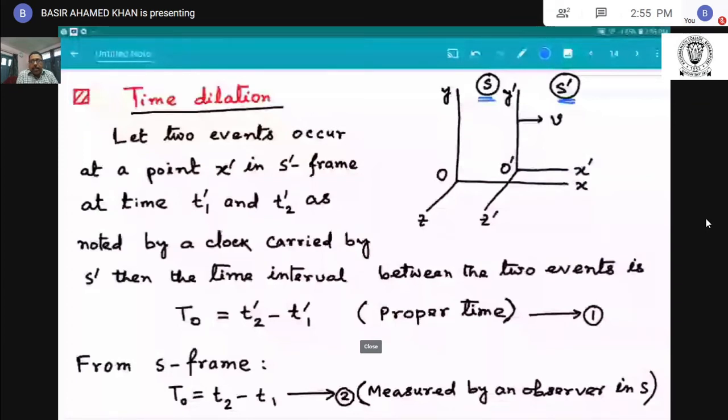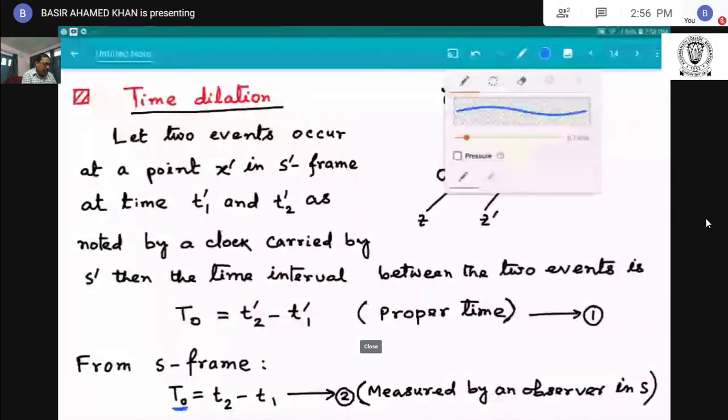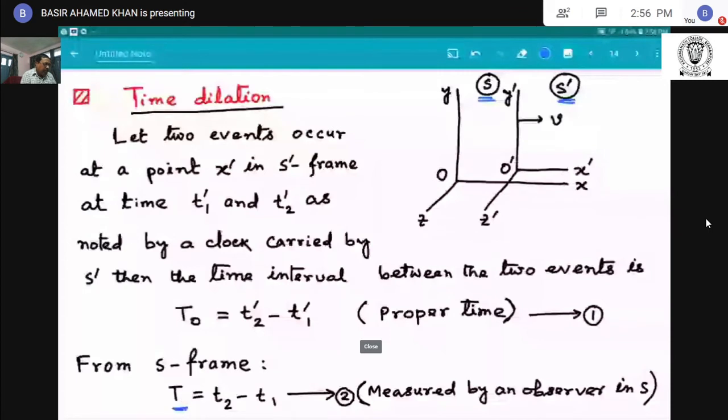Now, if an observer in the S frame measures the time of these same two events, then with respect to him the time will not be t0, it will be t.